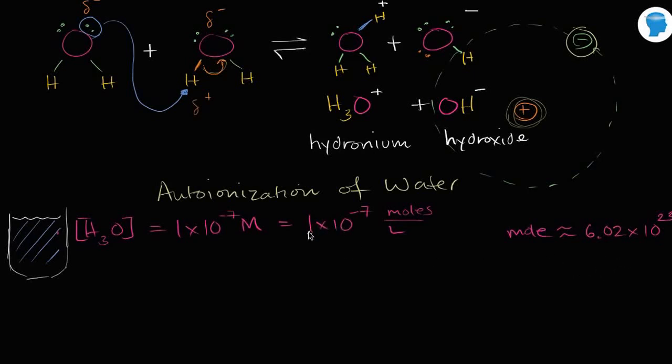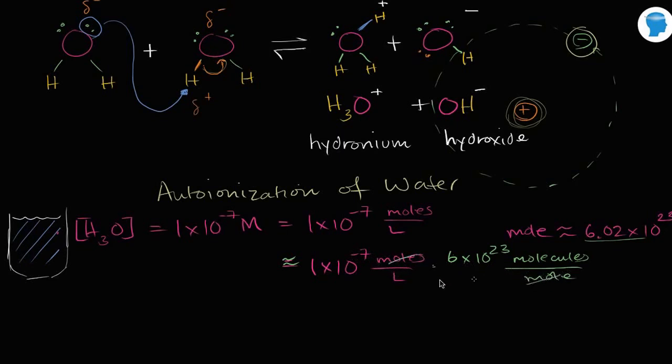So you might say, hey, 1 times 10 to the negative 7 times 6.02 times 10 to the 23rd, let me write it down. 1 times 10 to the negative 7 moles per liter times, I'll just go with 6 since we're going to go approximately, approximately 6 times 10 to the 23rd molecules per mole.